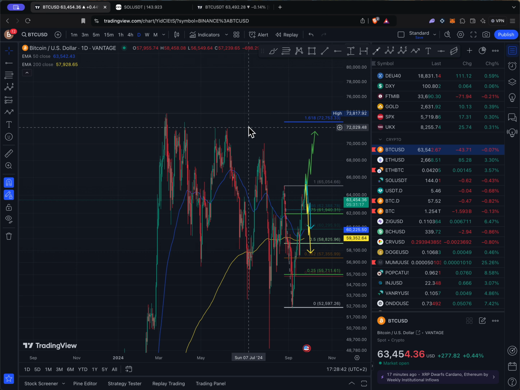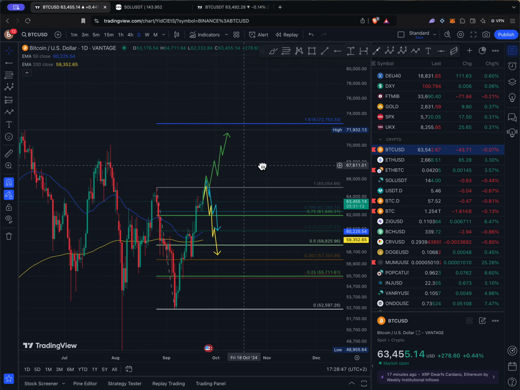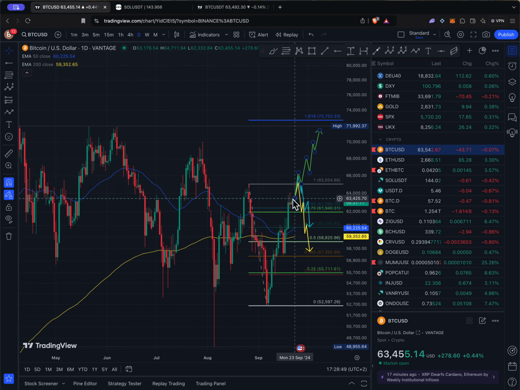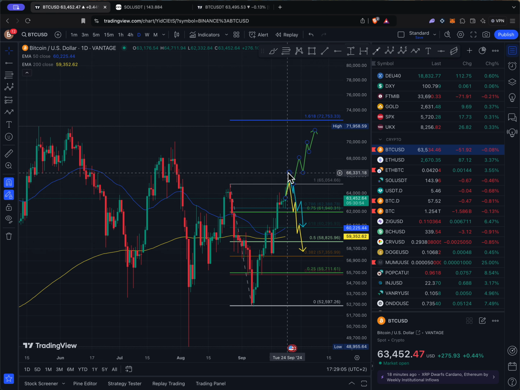Most of the times when we break out from a resistance, there is a retest. And when we're gonna break out above 65, I'm expecting some kind of hard rejection, at least on a lower time frame, towards the 65k, because this gonna get retested for many reasons.